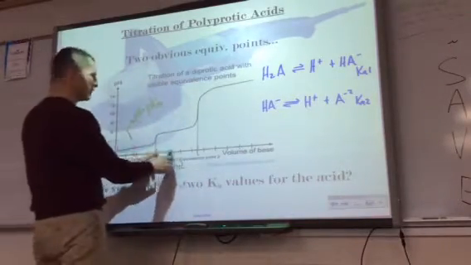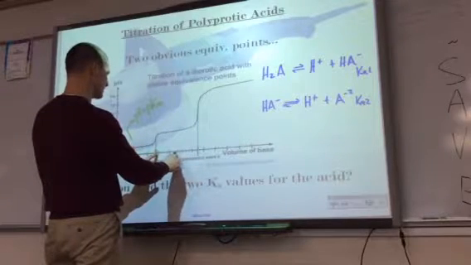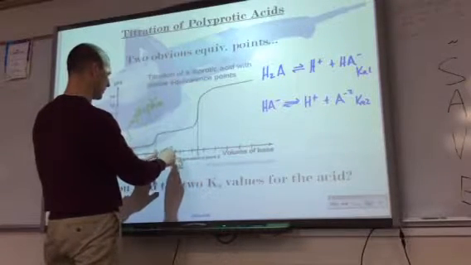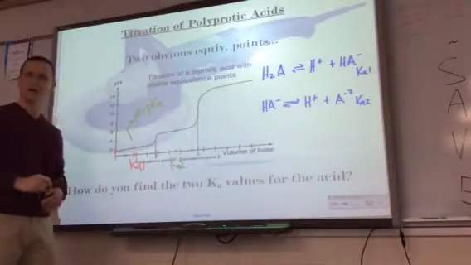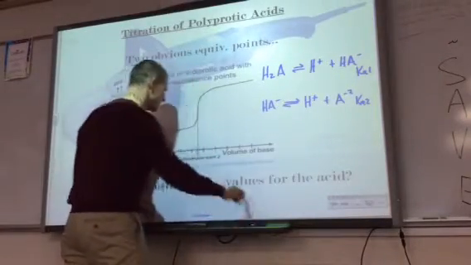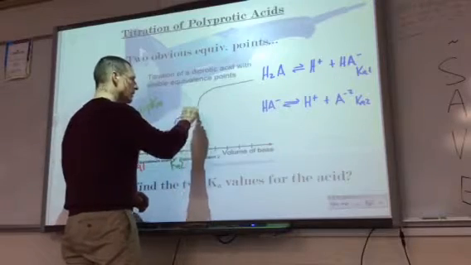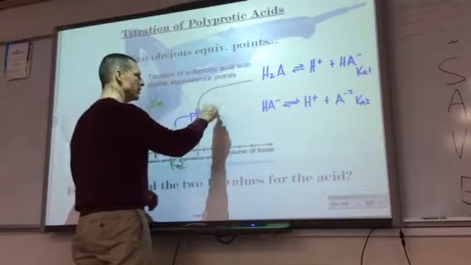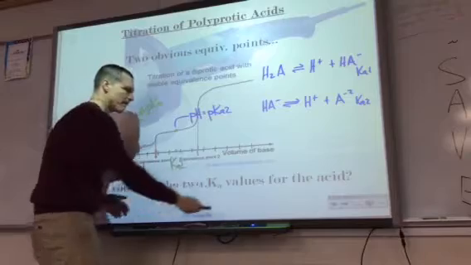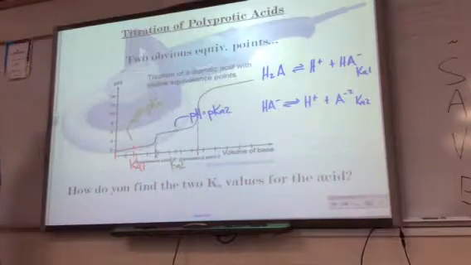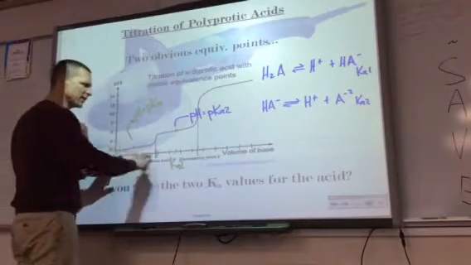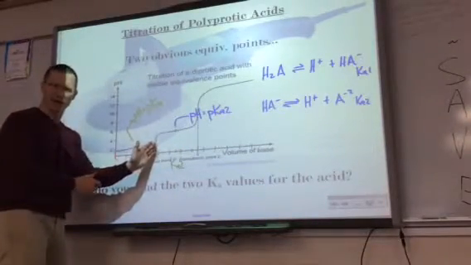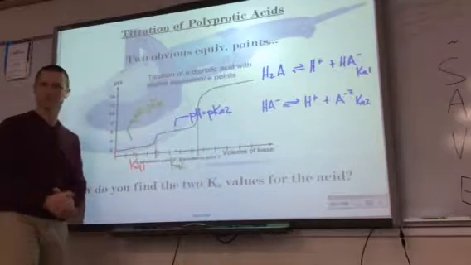So this halfway point, I'm just going to estimate it, and I might be off. Right about there is the point at which whatever the pH is here, that's going to be equal to pKa2. But I just want you to know that you don't start at the beginning for Ka2, you start at the end of Ka1 for Ka2.